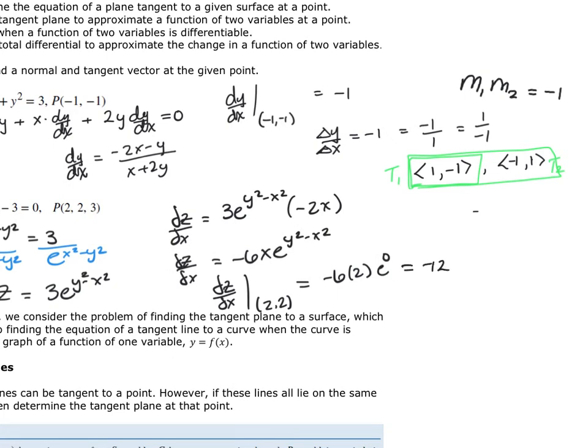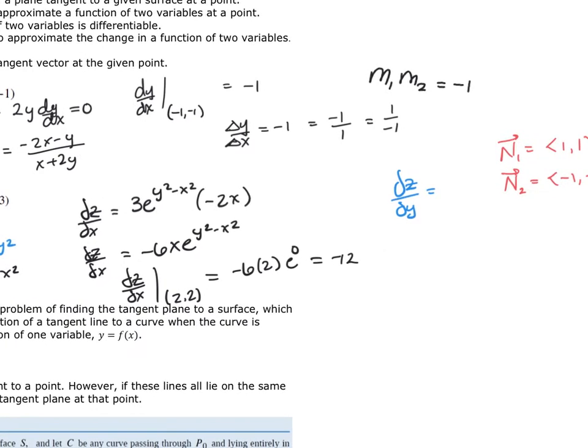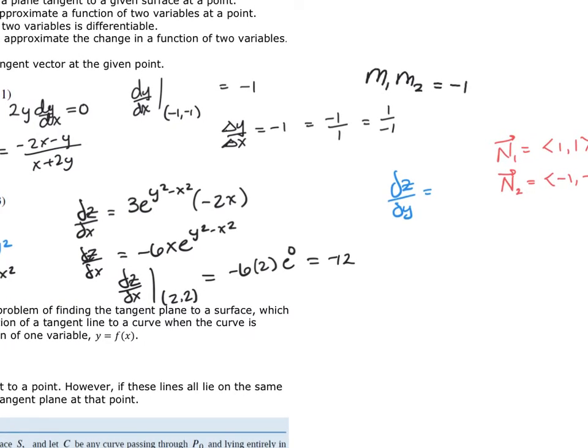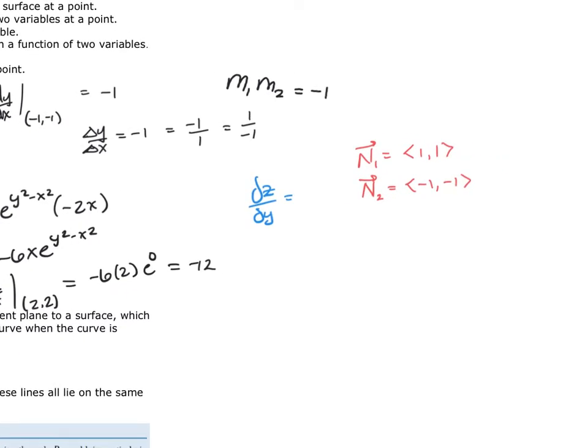Now I'm going to do the same thing. I'm going to do the partial derivative with respect to y. So I'm going to do that in blue. So dz dy is equal to, and in this case, I will have, I need to erase that too. Give me a moment to erase that.